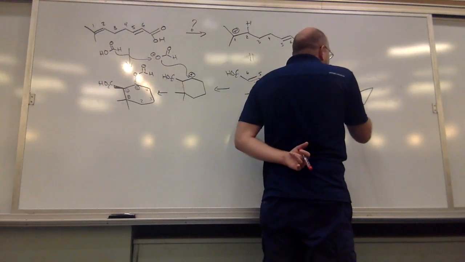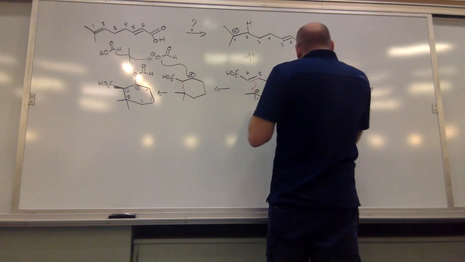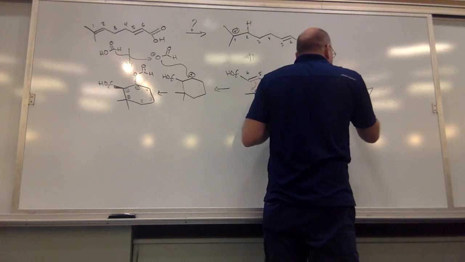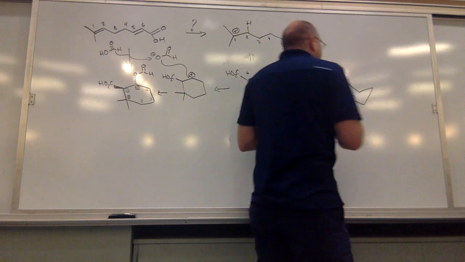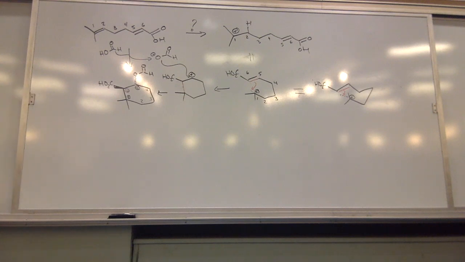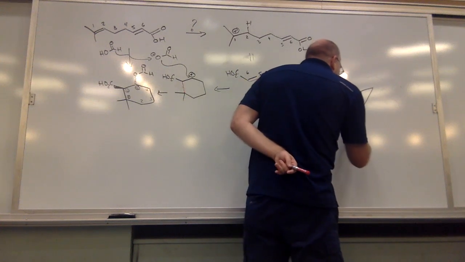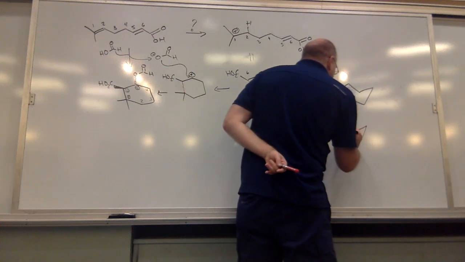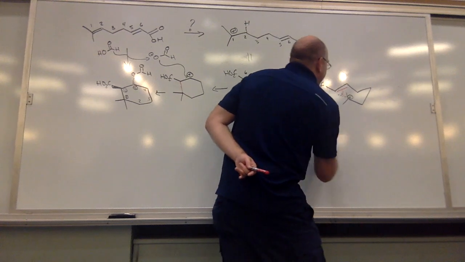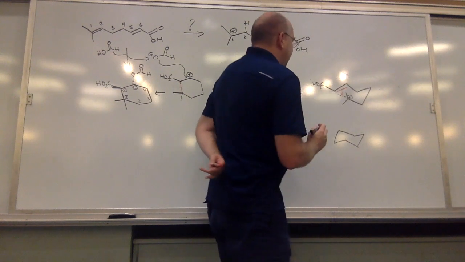When this happens, the electrons that we had in here are ultimately going to become the electrons that we have here. And I want to point out something specific about this transition state, which we're going to come back to later on. If I were to draw an actual chair conformation here, it's not a very good chair. I'm usually better at drawing chairs than I am right now.